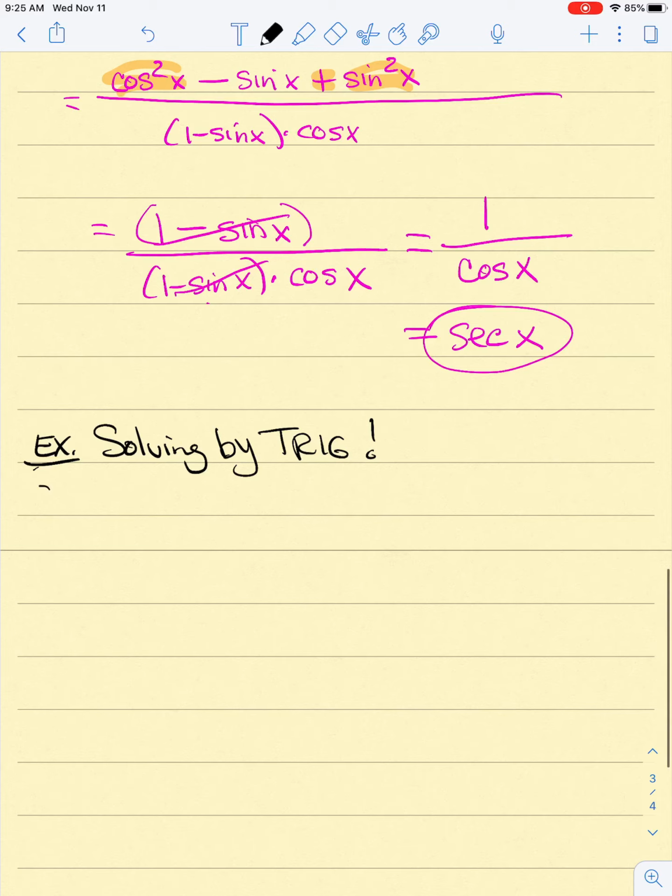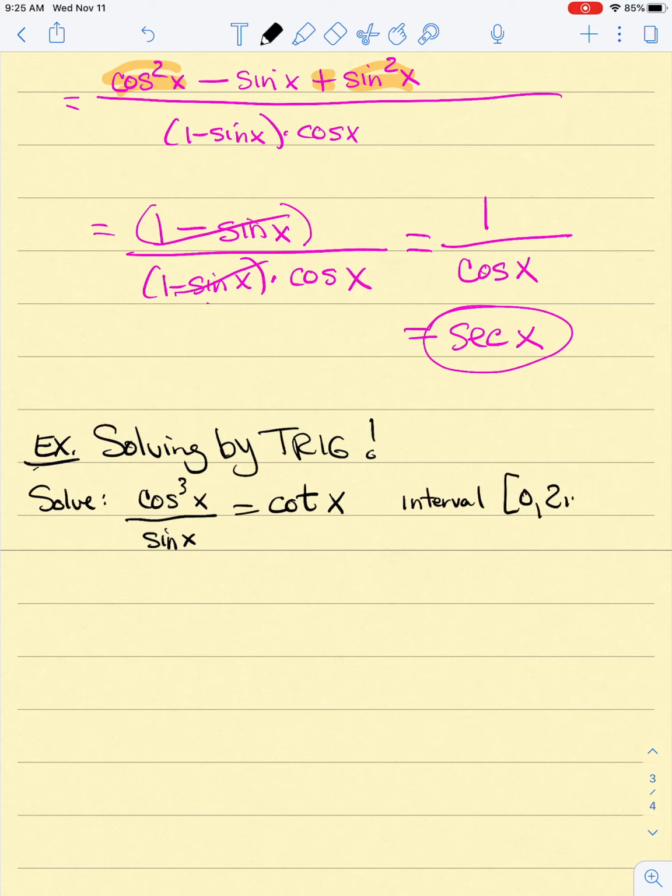Okay, so we want to solve cosine cubed x over sine x equals the cotan of x. And when we solve, we want to be on the interval from 0 to 2 pi. Okay, so that would be 1 trip around the unit circle.